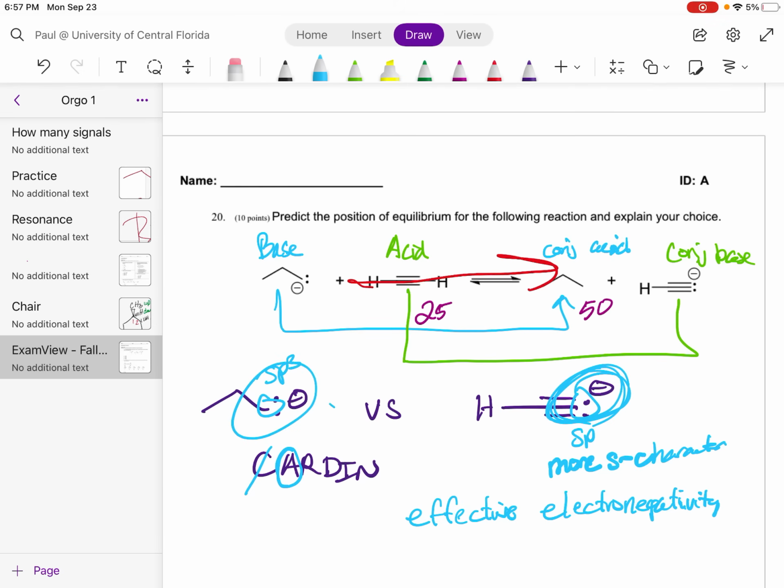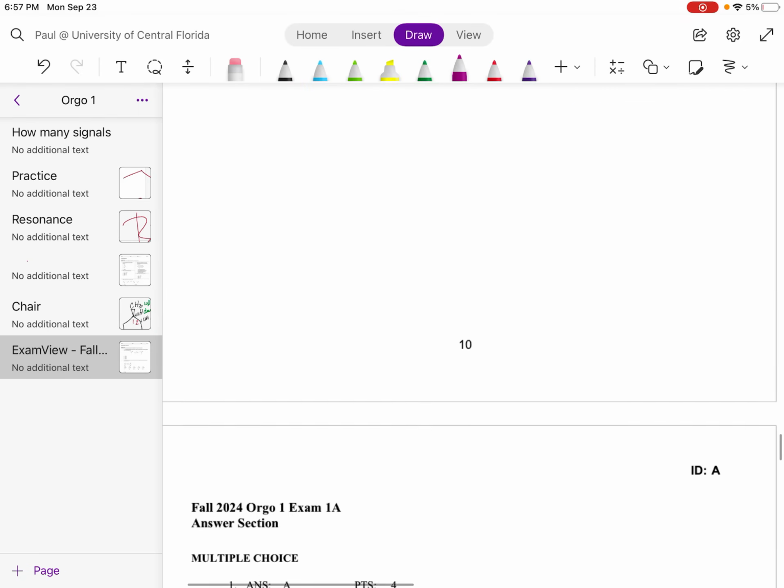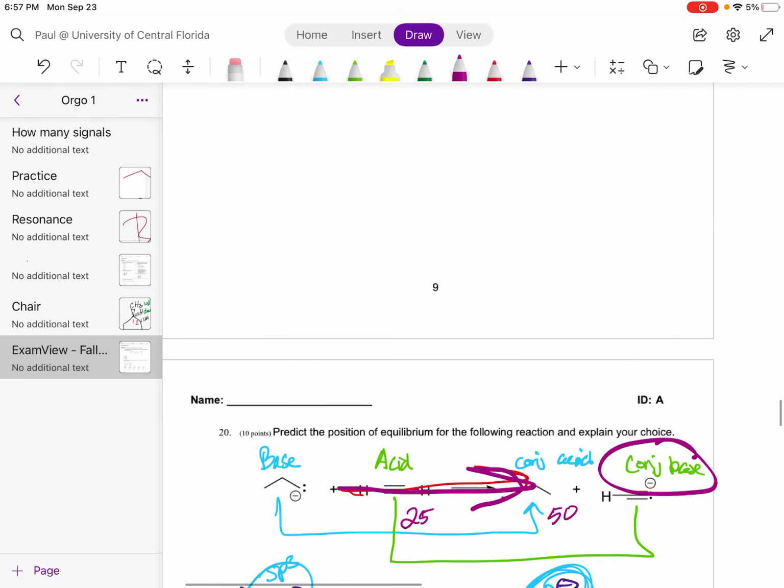If that's the more stable base, then that is the weaker base. So there's our weaker base, so equilibrium is going to favor the right. And is that it? Yes, it is. Okay.